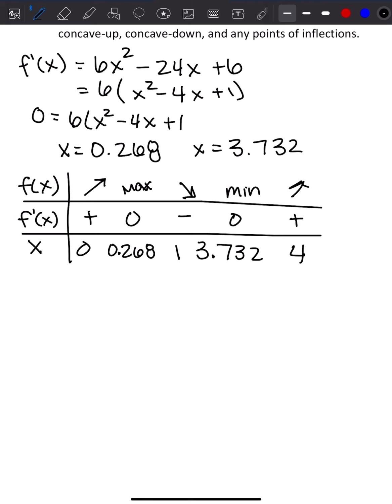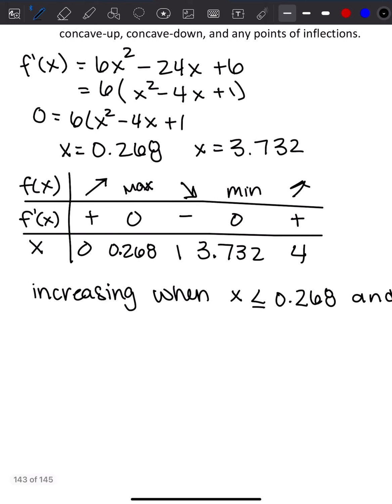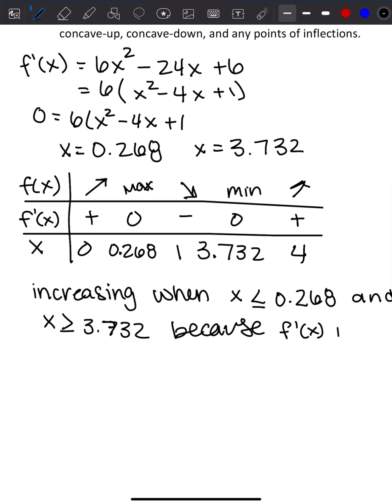Now that I have my increasing versus decreasing, I know I'm increasing when x is less than 0.268 and when x is greater than 3.732, because f prime of x is positive.